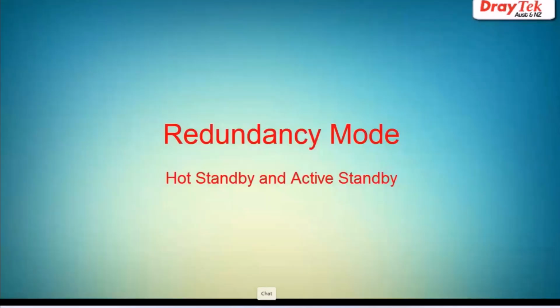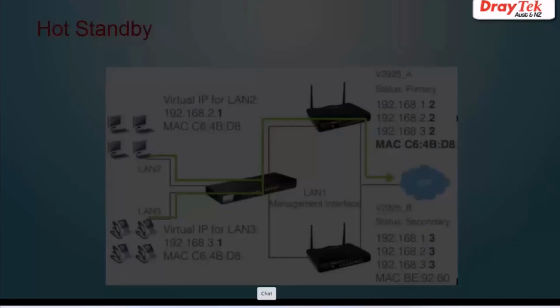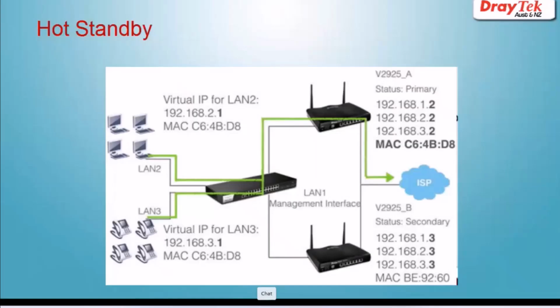There are two redundancy modes available, which are hot standby and active standby. With hot standby mode, both primary and secondary router share the same WAN source. In normal operations, only the primary router is online.